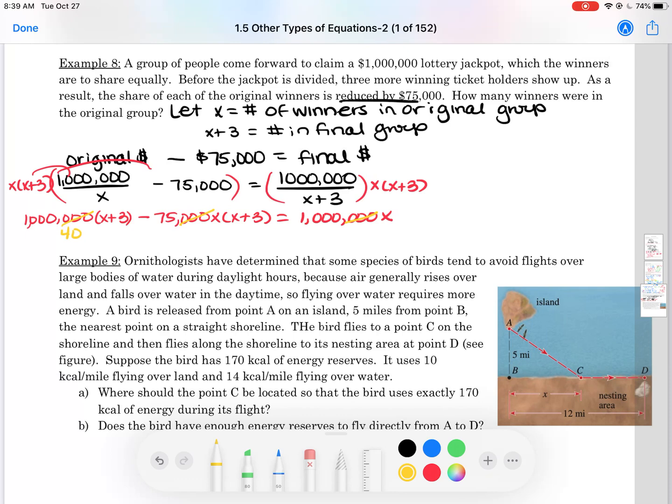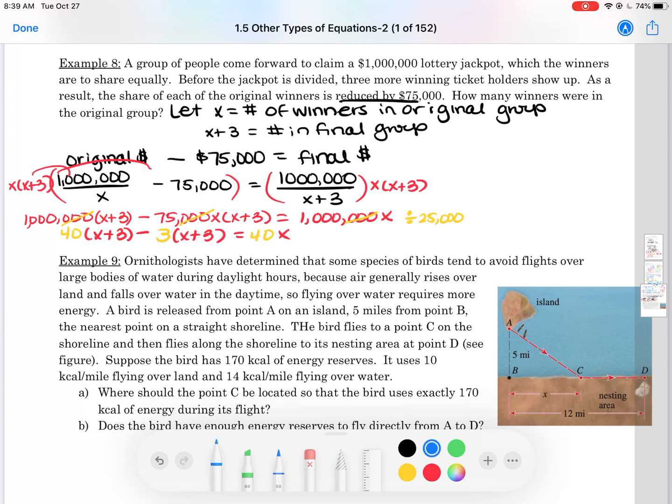So we have 40 times x plus 3 minus, again, the 75. So that's going to give us a 3 times x plus 3. And then that million divided by 25,000 will turn into a 40. And then we have the x. So all I did was just divide by 25,000 on both sides, just to make life a little bit easier. Okay, so we have simpler numbers to deal with.